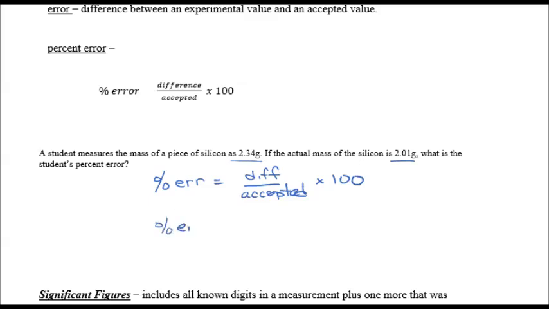So percent error is equal to the difference between 2.34 and 2.01, which is 0.33, over the actual or the accepted value, 2.01, times 100. So on a calculator you should do the work, but percent error is equal to 16.4%.